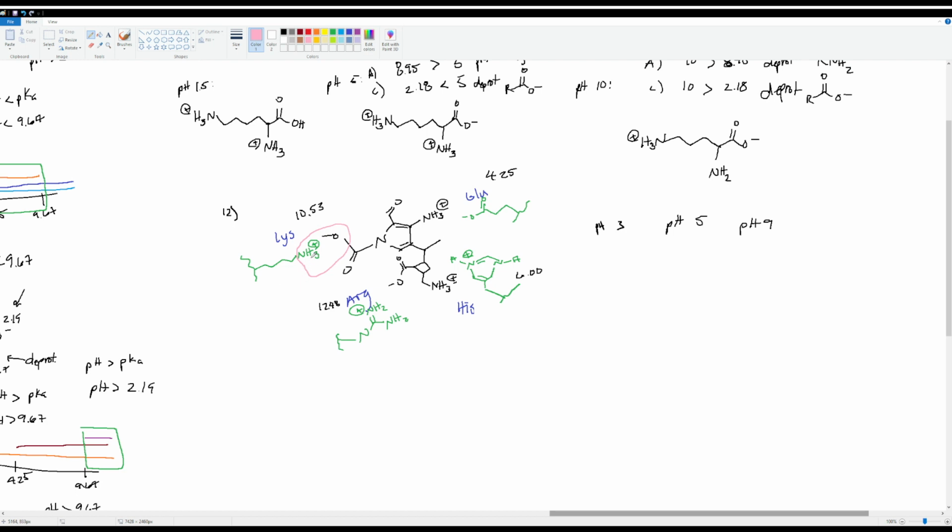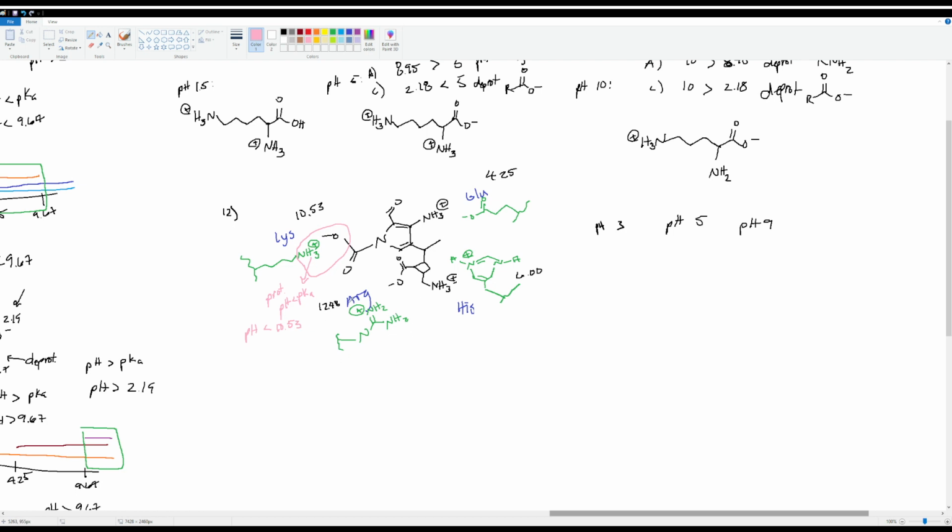Okay, nice. So we know this is deprotonated. This is protonated. To get a protonated amino acid, we need the pH to be less than the pKa. So that means I know my best binding is going to occur for at least this residue when the pH is less than 10.53.